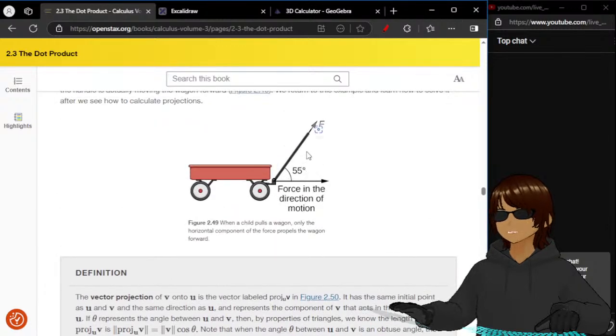So for this force here, they want to know the force in the horizontal direction. So you just do F cos 55 to get the force in this direction.